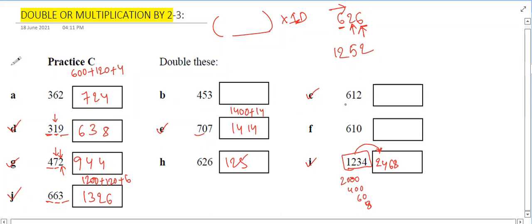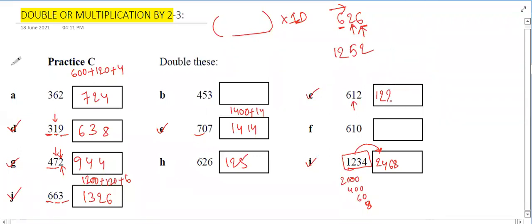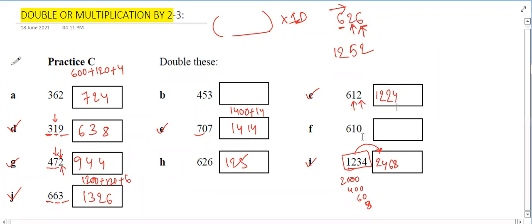So 6 plus 6 is 12, and the next one is not a carry, so it will remain the same, 12 only. 1 plus 1 is 2, but the next one is not a carry, so it will remain the same, 2 only. 2 plus 2 is 4, and it will remain the same. That's all, because it is the last place. Whatever we get, we'll get the same.